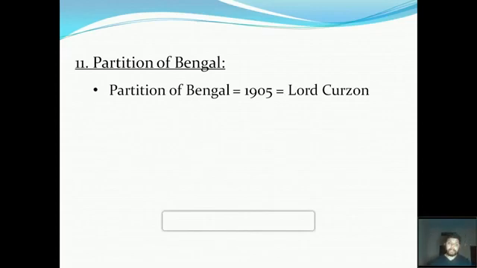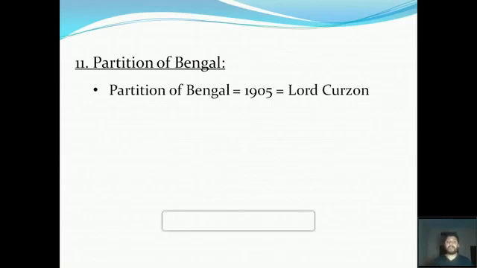We have already studied the partition of Bengal: what different events took place, what was the reaction of the people, what were the consequences, and what methods were used by the people who took part in the anti-partition movement. We have already seen all these topics. So the 11th point behind the emergence of assertive nationalism was the partition of Bengal.